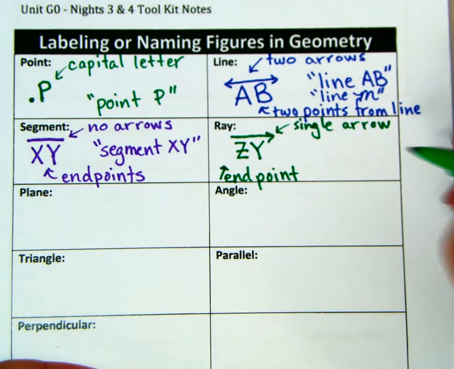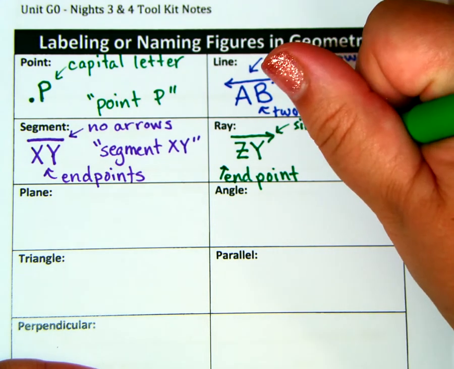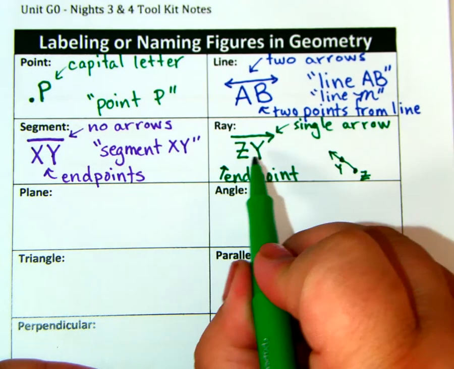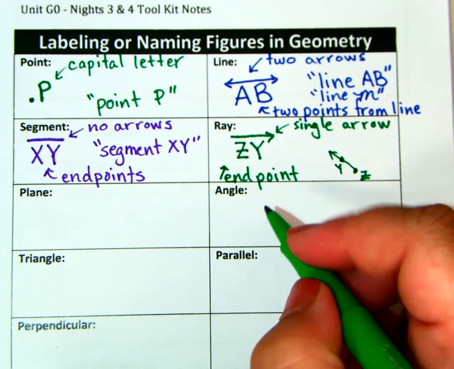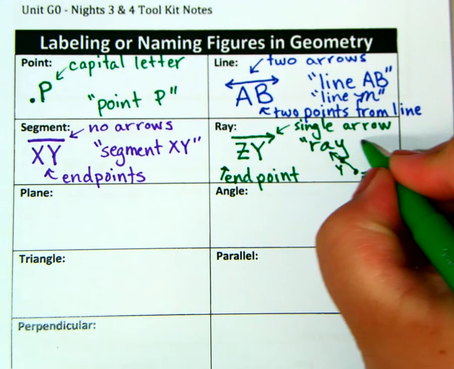What this could look like on your paper is a Z going off towards Y in that direction, but we still write it ZY. And we call this ray ZY.